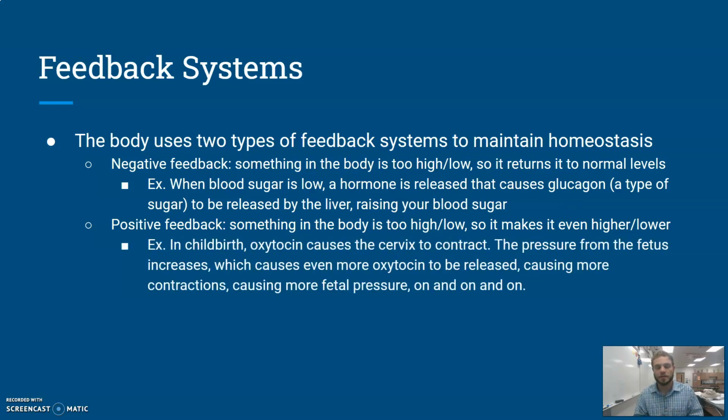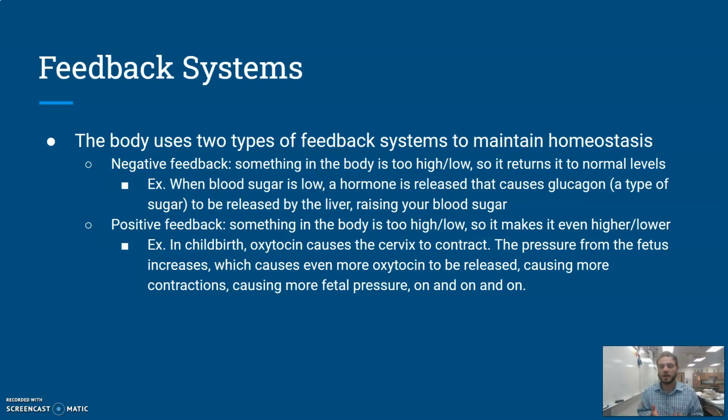One of the examples is during labor. Oxytocin is a hormone that actually causes the cervix to contract. And as those contractions are happening, the head of the fetus is putting pressure on the cervix. When the cervix feels that pressure, it responds by causing more oxytocin to be released.